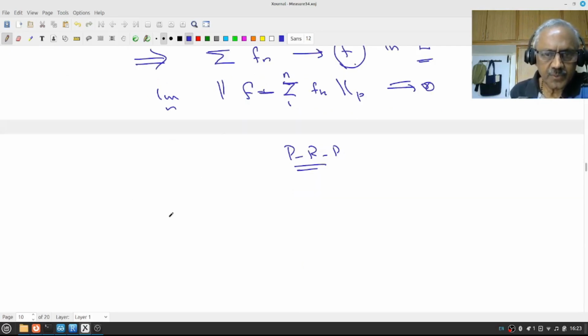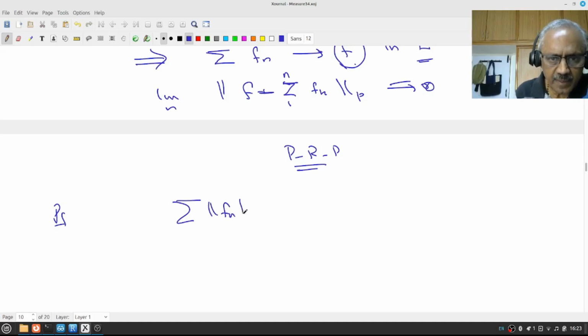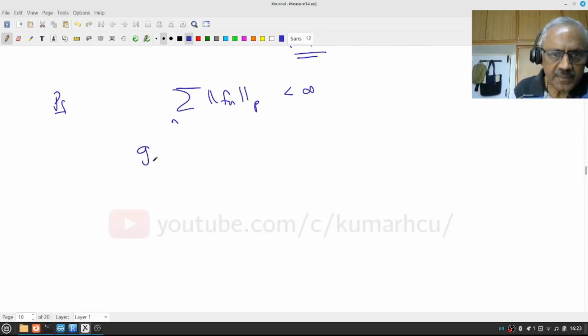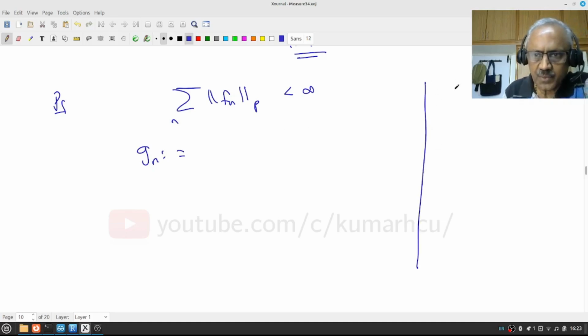How do I prove that? So let us start with the proof. What is given? I am given the LP norm, and again I am assuming 1 less than p less than infinity. The LP norm of this is finite. So let me define Gn. The only thing I remember is this proof uses the monotone convergence theorem and the dominated convergence theorem.